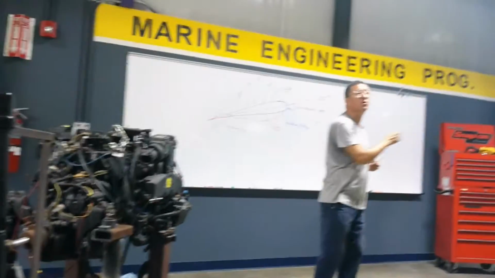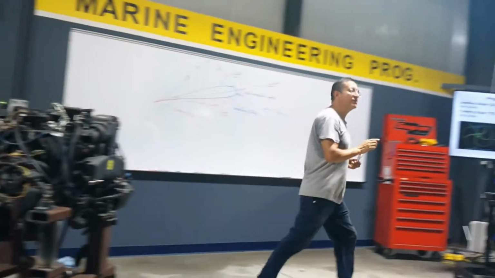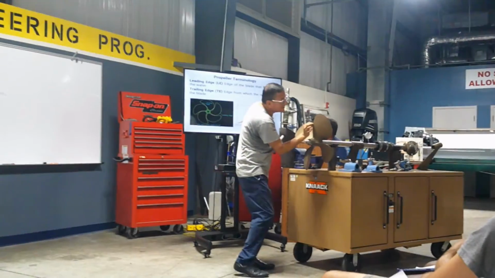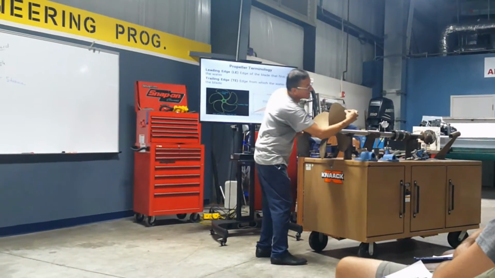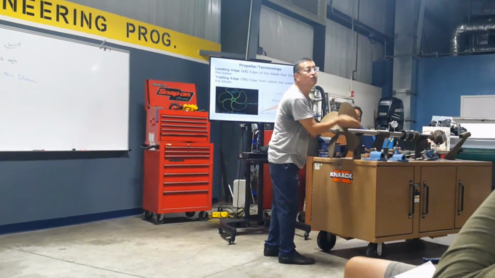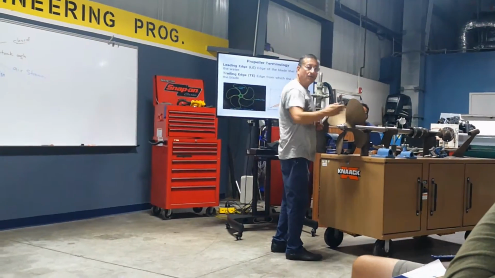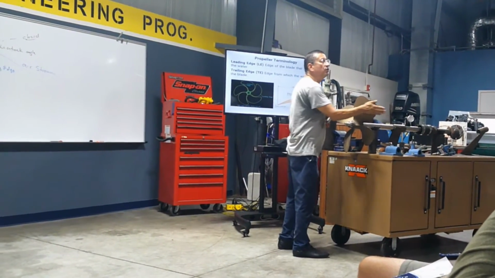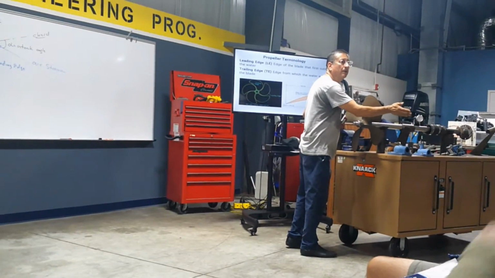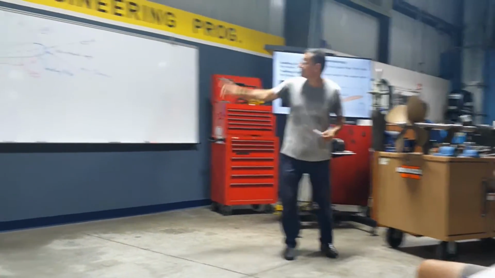Exactly the same with the water. The first area in contact with the water is the leading edge, and that area in the back is the trailing edge, the exit. That's okay? The water touches here and goes out here. Everybody follow me? Sure? All right, exactly the same over there.